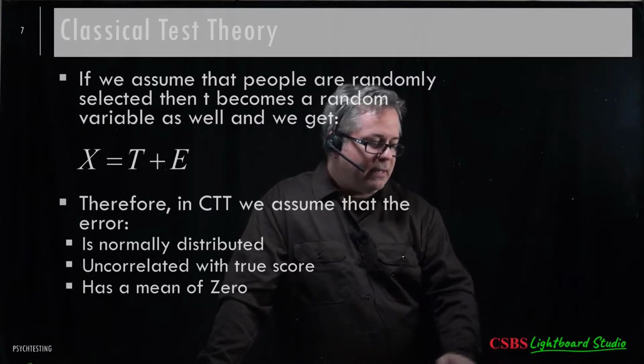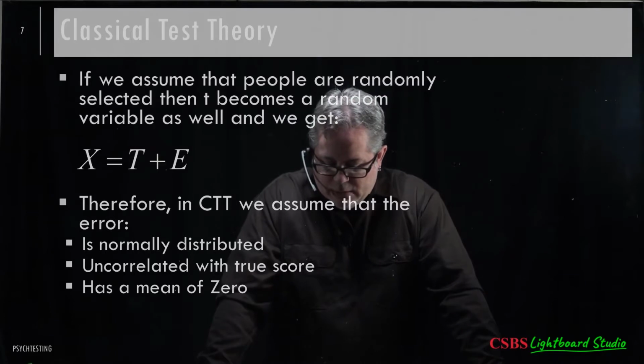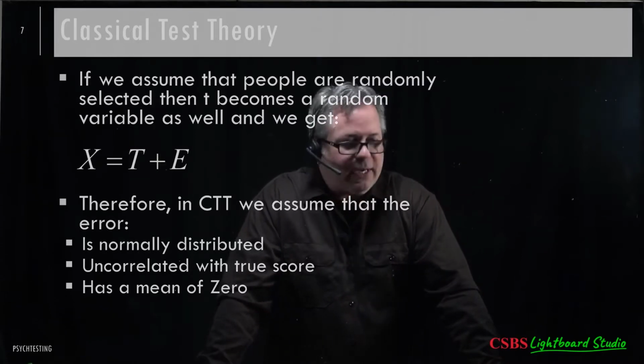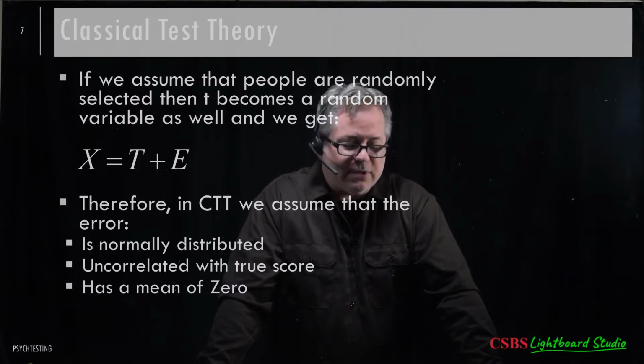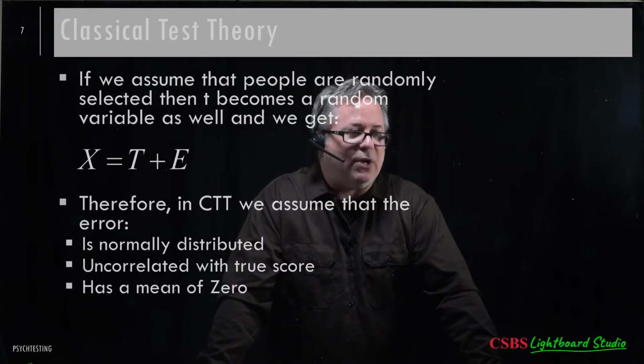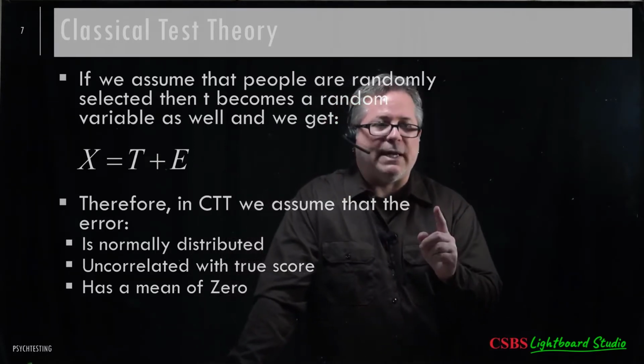So let's say, going back to the scale example, that for some reason, as the weight that someone puts on the scale goes up, the degree that it's off in measuring also increases. If you're light, it only adds an ounce.